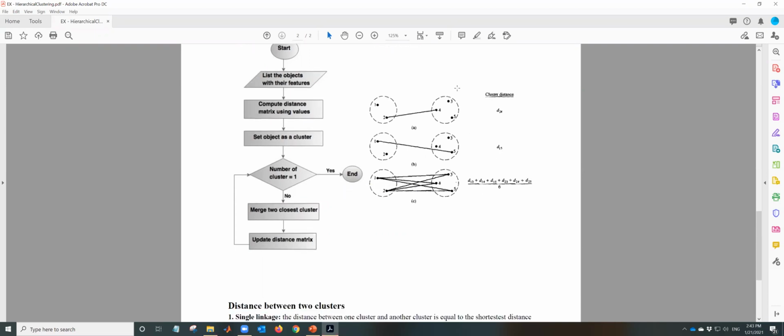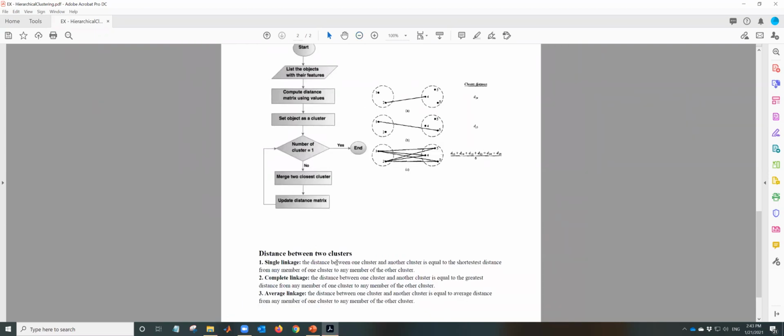And we talked about the single linkage. So single linkage is the distance between one cluster and another cluster, which equals the shortest distance from any member of a cluster to any member of the other cluster. For example, here we have 2 clusters. Single linkage means the shortest one. So you see the distances from 1 to 3, 4, 5, and 2 to 3, 4, 5. And then you see 2 and 4 is the shortest one.